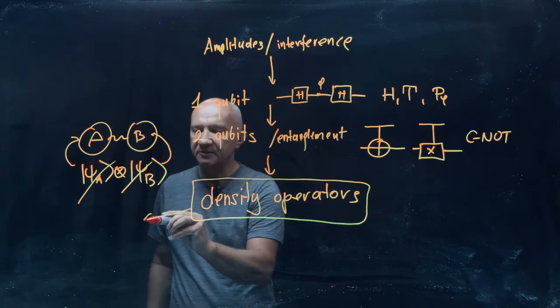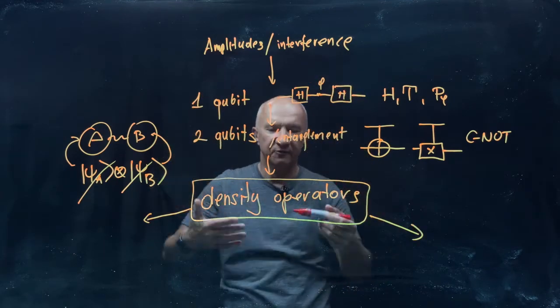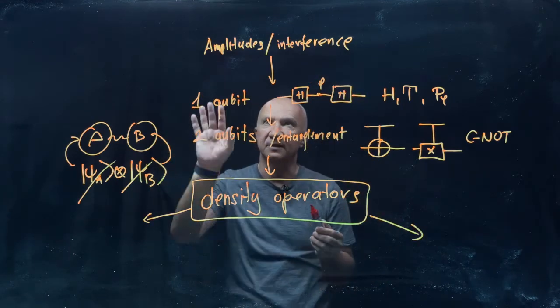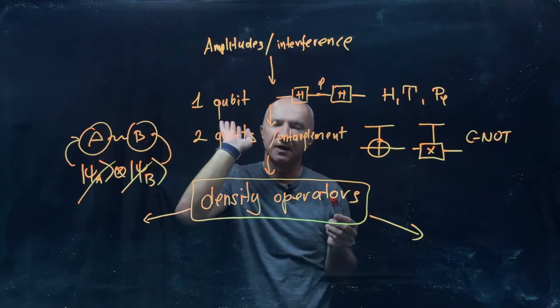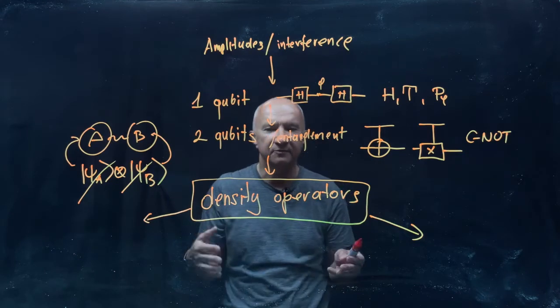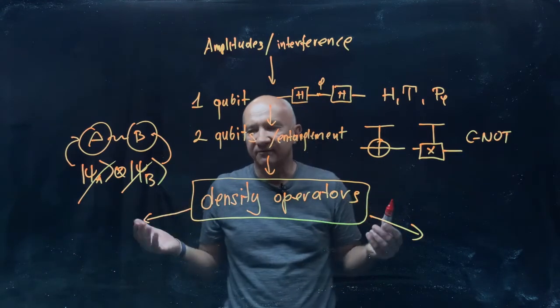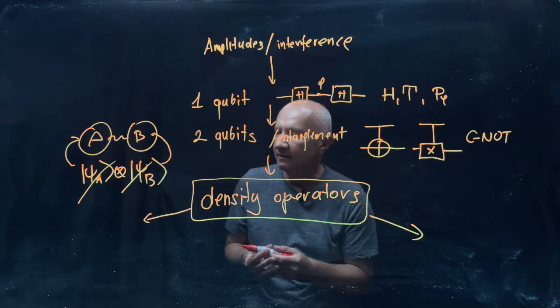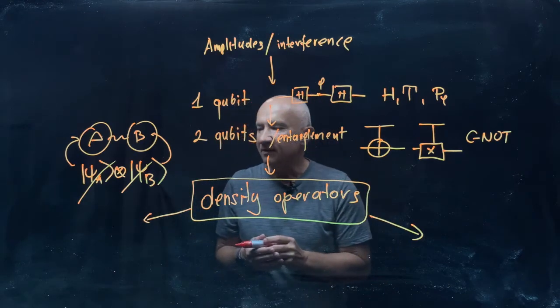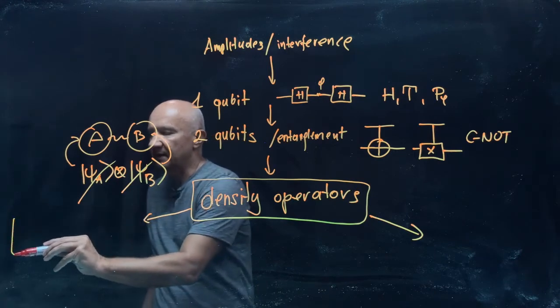At this point, I assume that after those 4 lectures, you have the basics: you understand amplitudes, interference, 1 qubit, 2 qubits, density operators, and you can start doing calculations. But you may say, well, I have a set of tools. What is it good for?